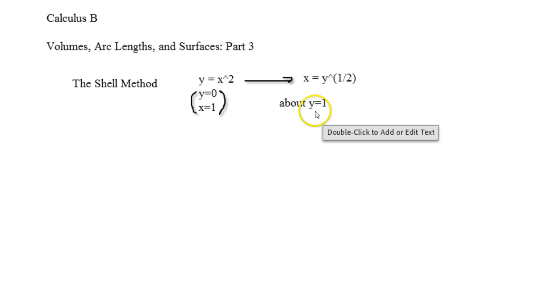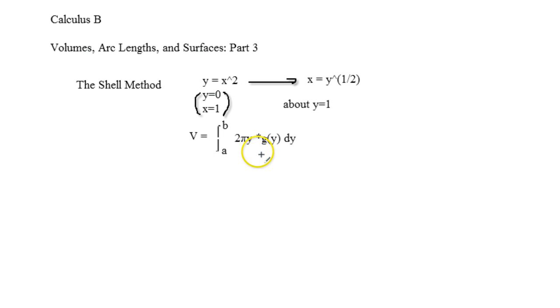Now what we're going to do is rotate about y equals 1. First off, we're going to write out the integral. So volume will equal... Here's everything all set up. Now this is the circumference, but this right here will be our radius.